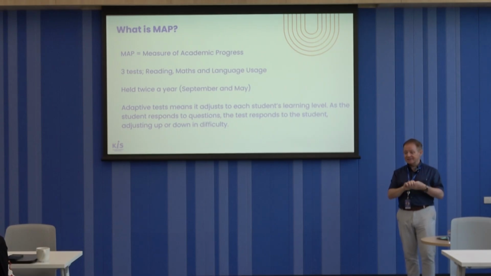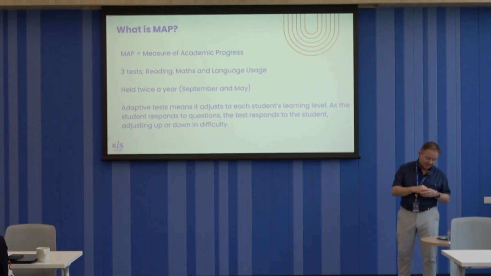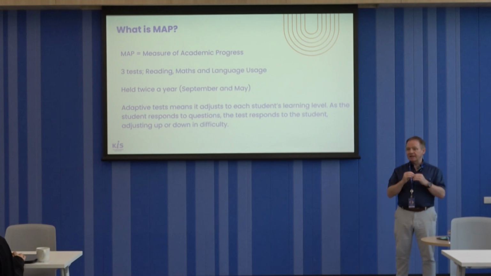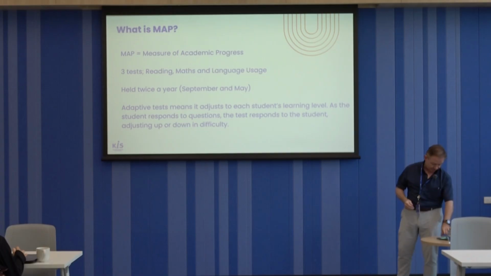Likewise, if your child is an English language learner, and if they're finding the English test a little bit difficult, the MAP program will make the questions a little bit easier for them. So it's really good that way, in that it adjusts the level to your child's level.